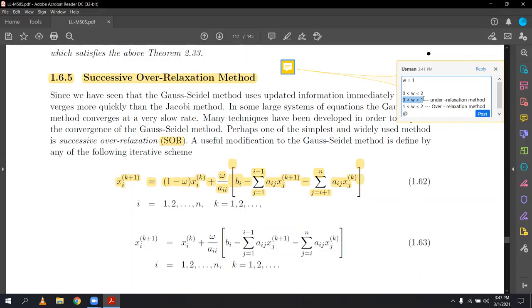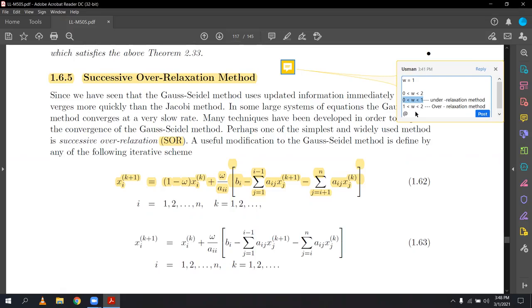Otherwise, we have to retry again and again because we have no optimal formula in that case. So therefore, generally, we will never discuss under relaxation method. In our case, we discuss only one case, which we call over relaxation method, or successive over relaxation method, or SOR method, where when the Gauss-Seidel method converges, it makes it faster.